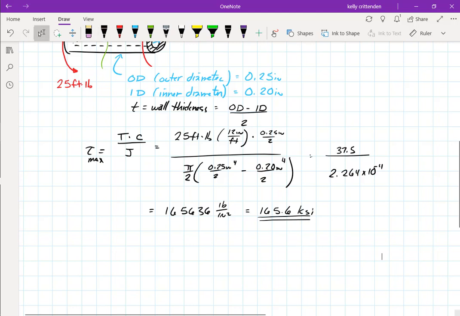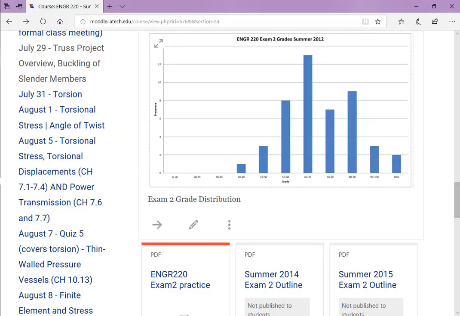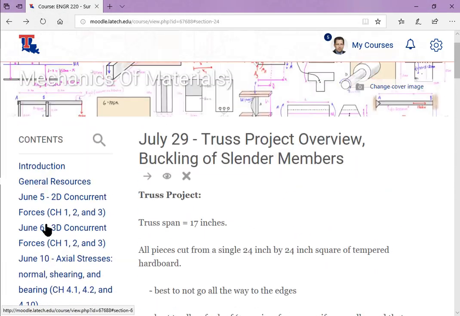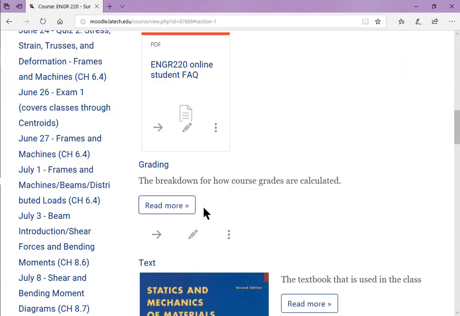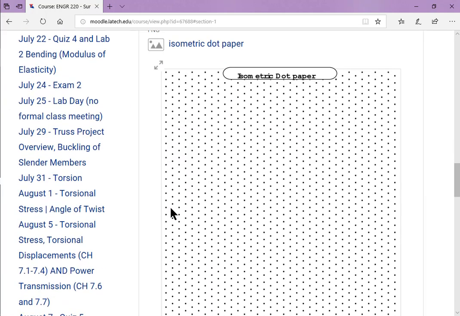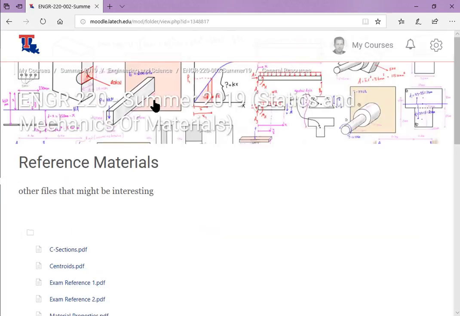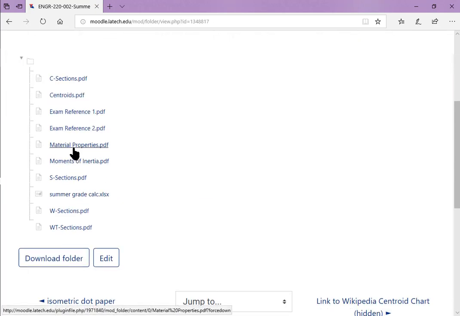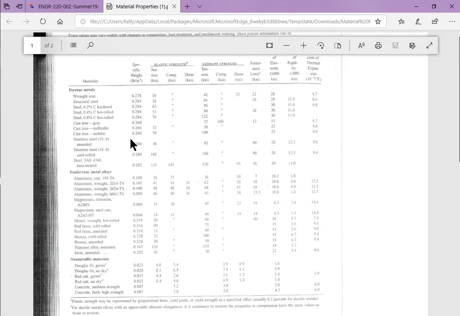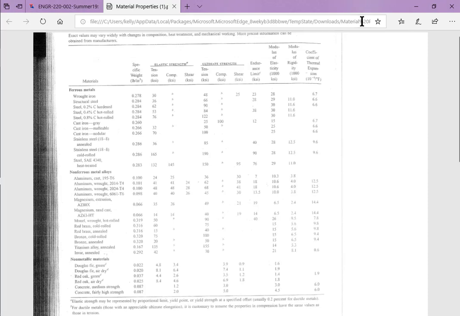So if we go up to our material properties, let's zoom in a little bit.